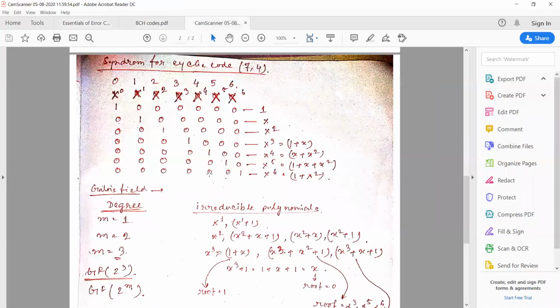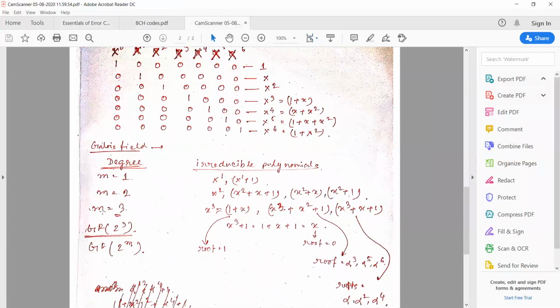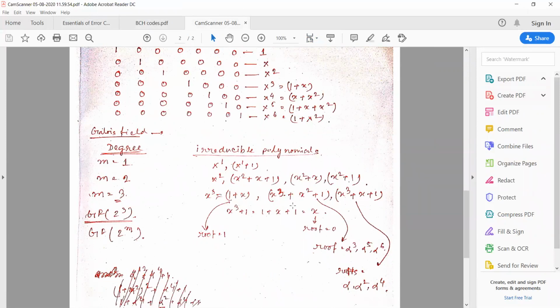Now go to my handwritten note: when we consider m equals 3, these were our possible polynomials. x cubed plus x plus 1, x cubed plus x square plus 1, and so on. So these were our possible polynomial equations considering the degree as 3 in the Galois field.